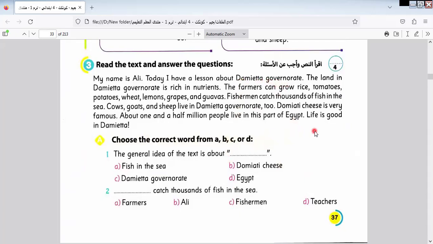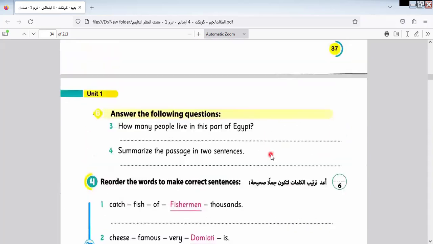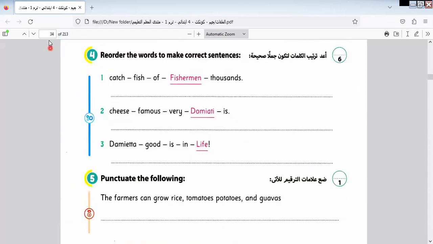And I can say also Domyat is famous for Domyati cheese. I can say Domyat is a quiet governorate. I can say so.